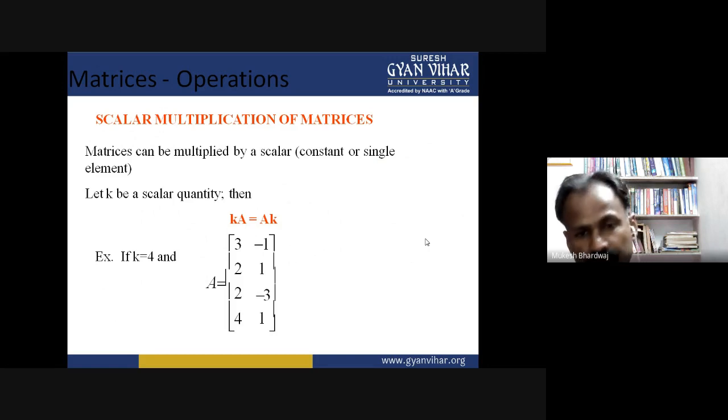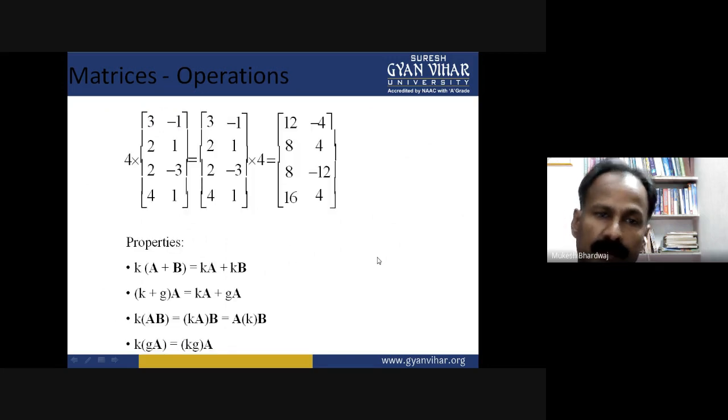If K equals 4, for example, and A is equal to 3, minus 1, 2, 1, 2, minus 3, 4, 1, that is of order 4 by 2, or the size of the matrix is given as 4 by 2: 4 rows, 2 columns. If K is equal to 4 and I want to multiply this constant 4 with A, that is KA, I want to prove that KA equals AK.